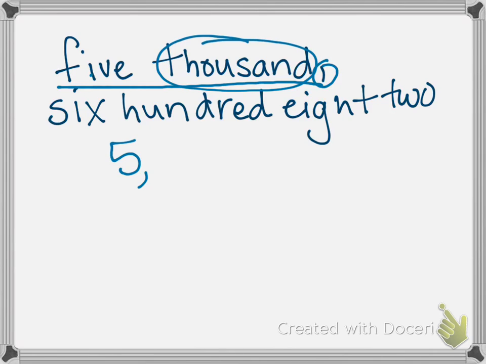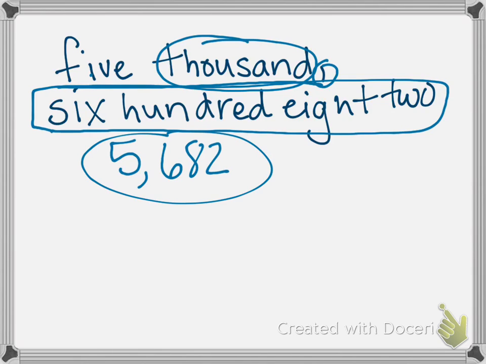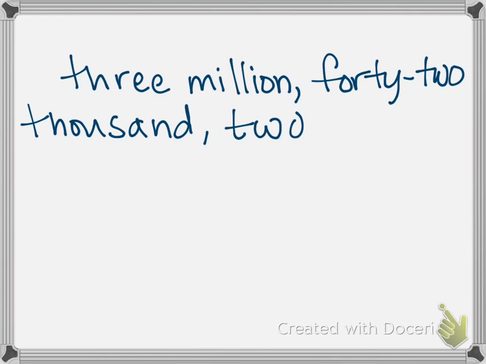So our last part says 682. 682. And now I check my work. I read this to myself. 5,682. Is that what this says? 5,682. Okay, let's do one more.